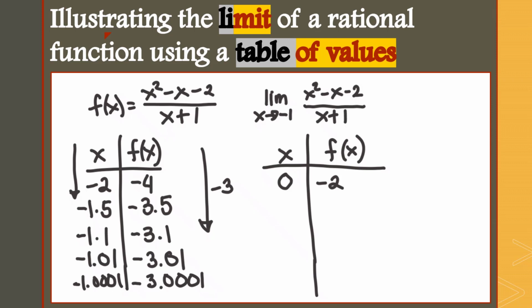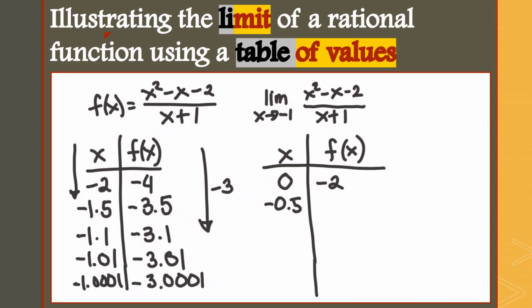If you could use 0, then use 0 because it's easier for us to have that. Next is going closer to negative 1, so let's have negative 0.5. We'll be getting closer to our negative 1. You're going to square that first, so negative 0.5 times negative 0.5 would be positive 0.25. Take note that we have also minus negative still, so you will have here plus 0.5.